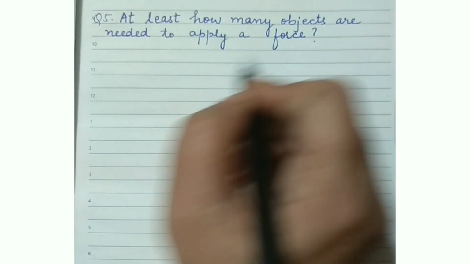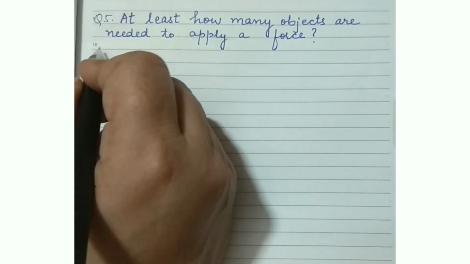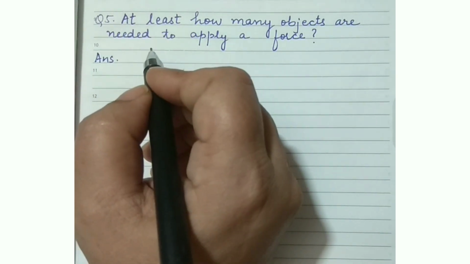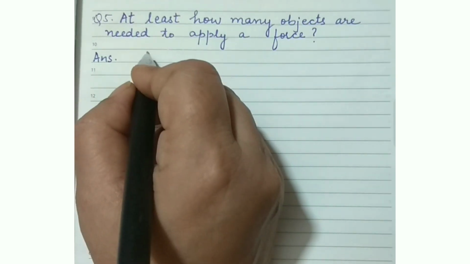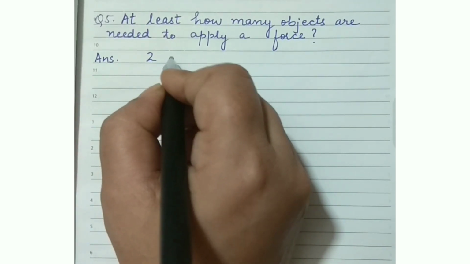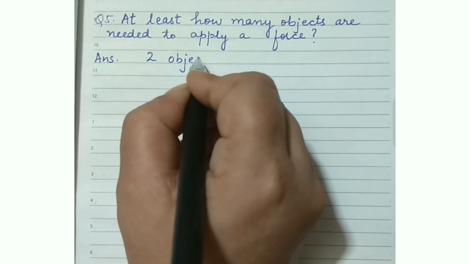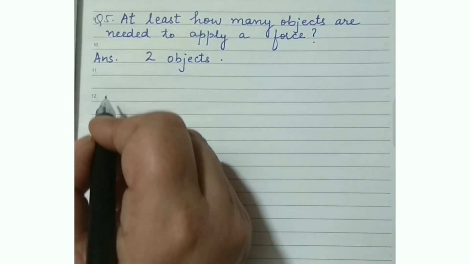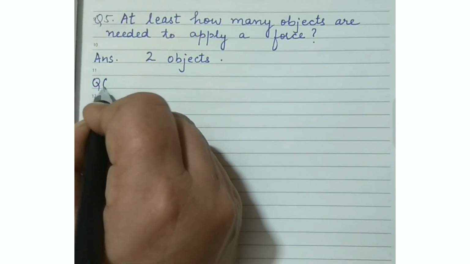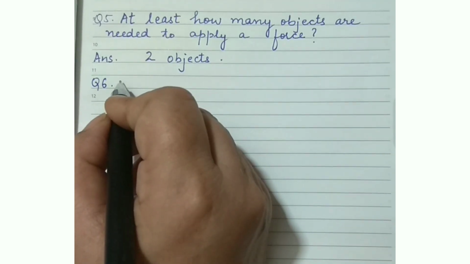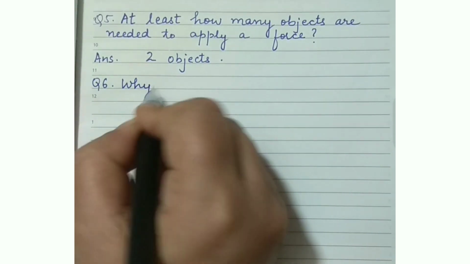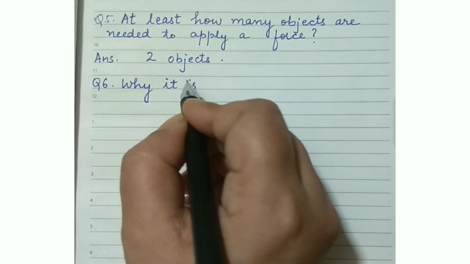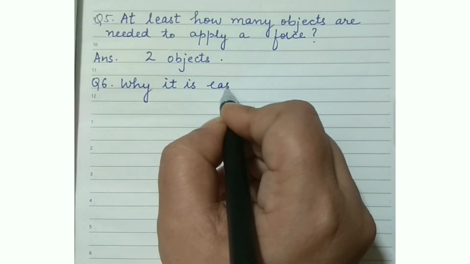When we are applying a force, how many objects are needed? This is the question. So at least minimum number of objects we need are 2 objects. Okay? Very general question is this. But many times students make mistake. So keep remembering 2 objects are needed to apply a force. Next is question number 6.